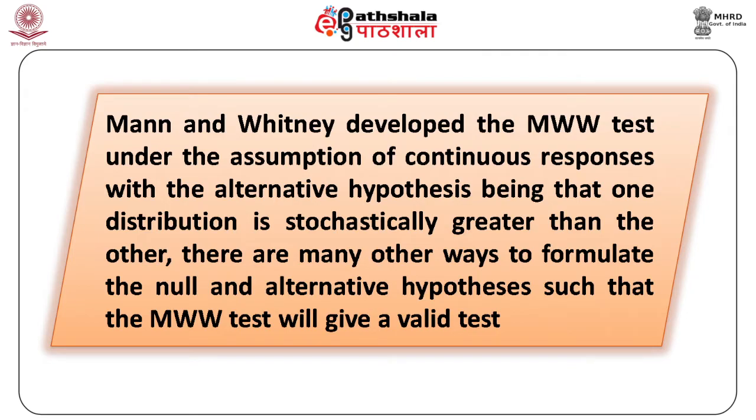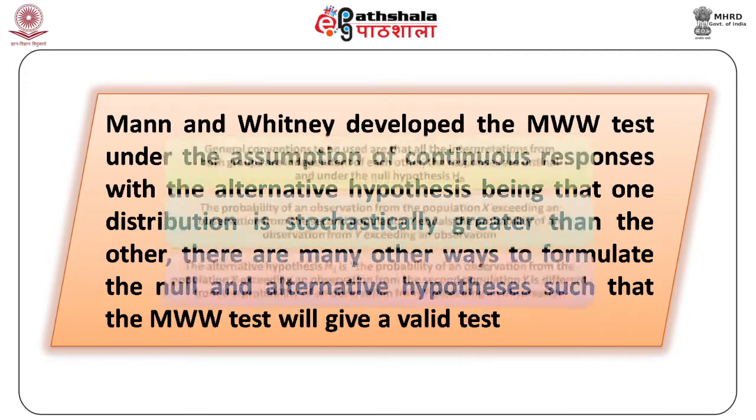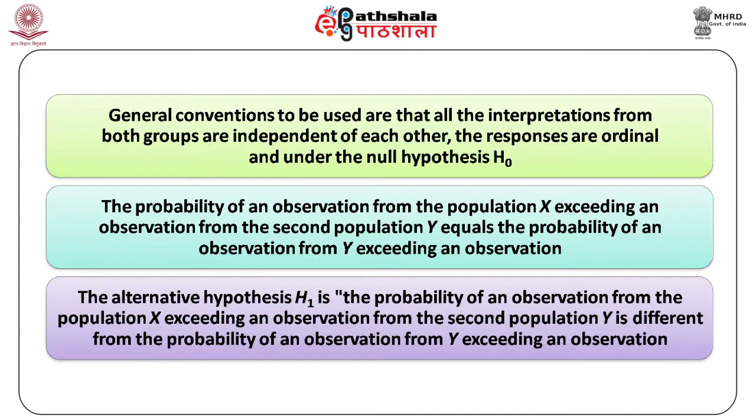There are many other ways to formulate the null and alternative hypothesis such that the MWW test will give a valid test. General conventions to be used are that all the observations from both groups are independent of each other.